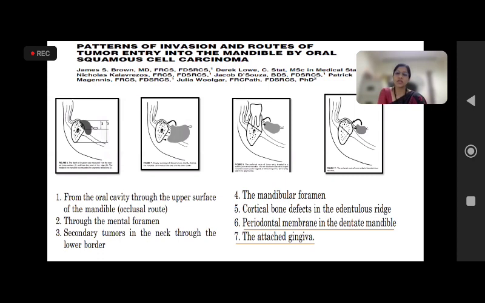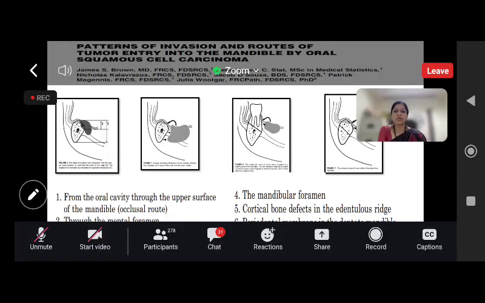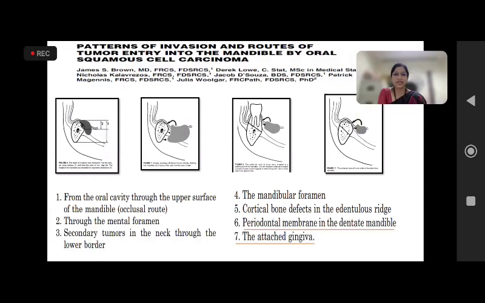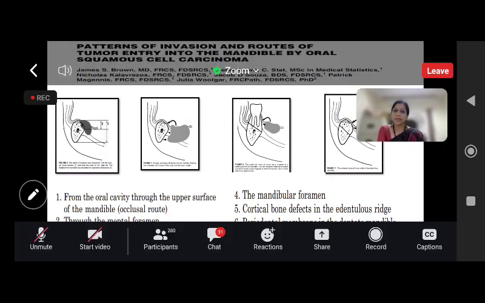So initially it was thought it is the periosteum which is a problem and you need to remove it for every case, and then we reach the concept of a point of abutment theory, which is the most important theory nowadays which we follow. So it is not always the occlusive surface from where the tumor gets into the mandible, but that is the commonest site.